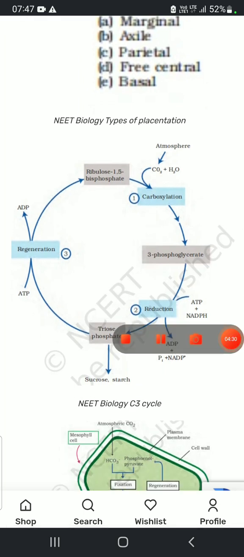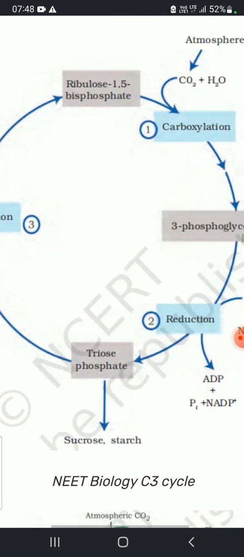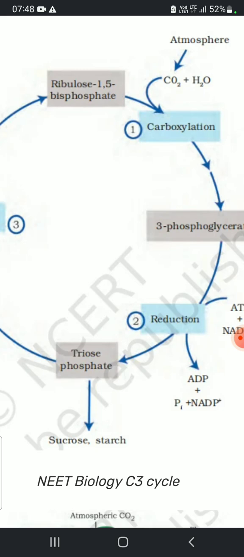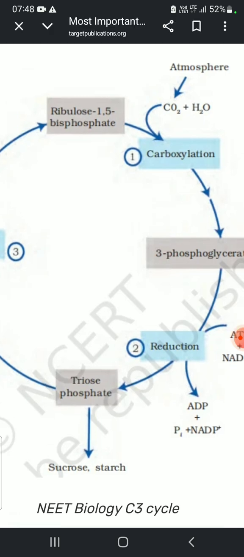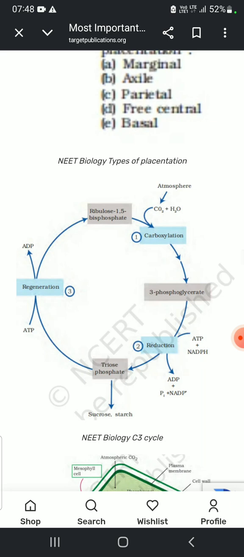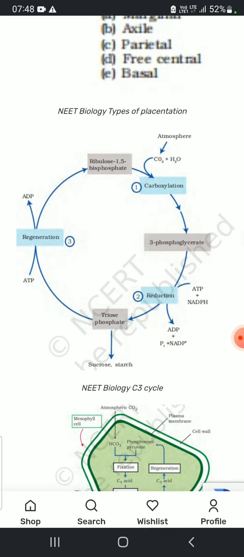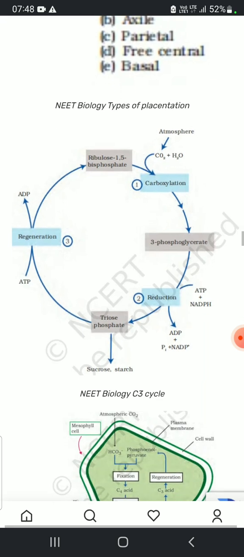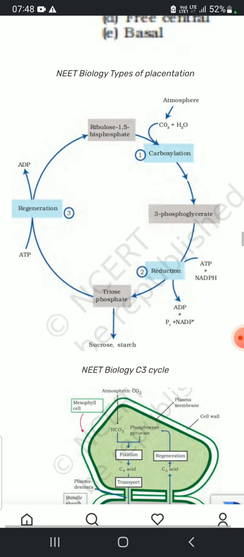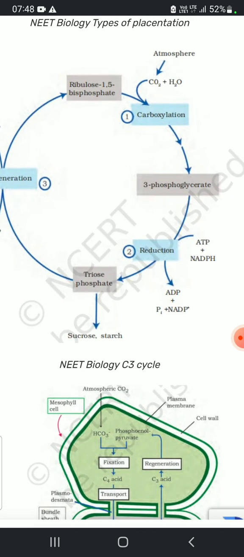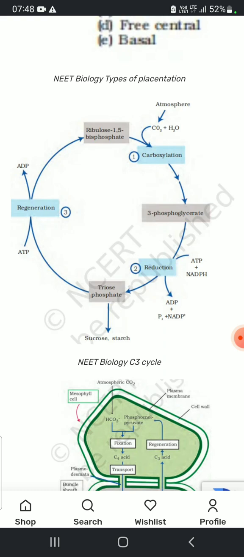Next we have the photosynthesis chapter, in which the C3 cycle is given. Starting with carboxylation, RuBisCO helps in carboxylation. Ribulose 1,5-bisphosphate helps in carboxylation. Atmospheric CO2 and water come in, and after carboxylation 3-phosphoglycerate is formed.